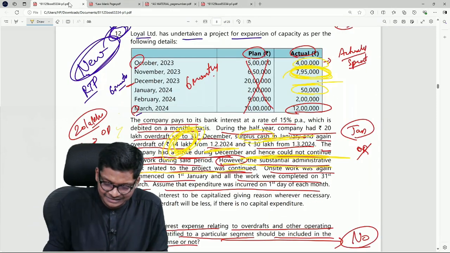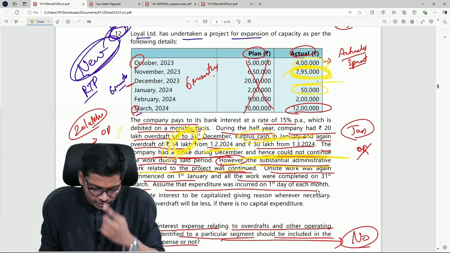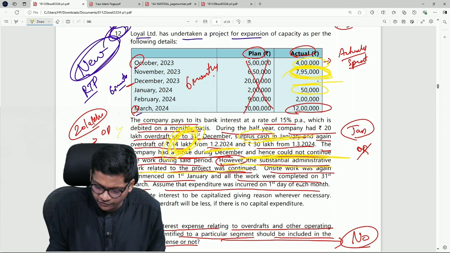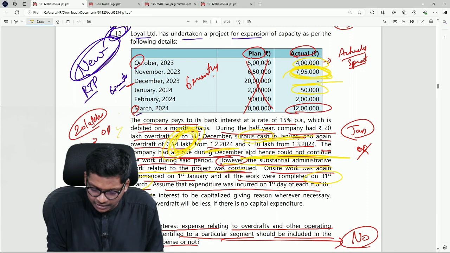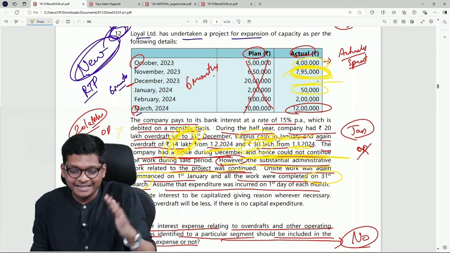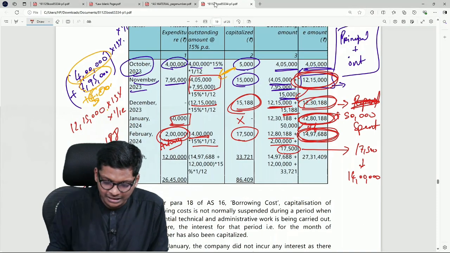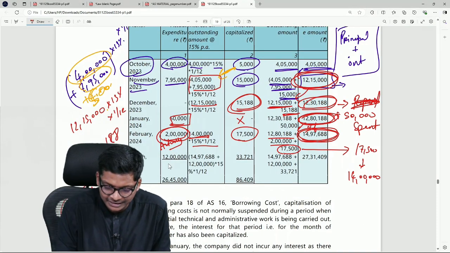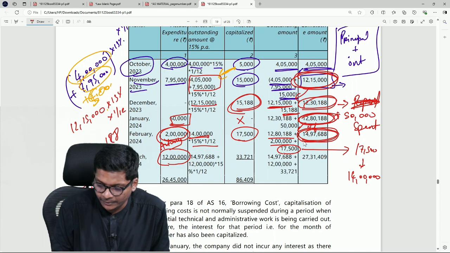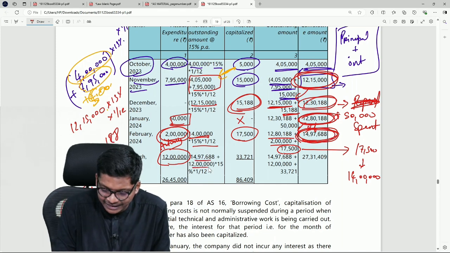But again they are saying in the month of March, after 31st, look at that, from 1st March it became 30 lakhs. The limit is again increased. So for the last month if you see, they have spent 12 lakhs. To this 14,97,688 we are adding 12 lakhs.